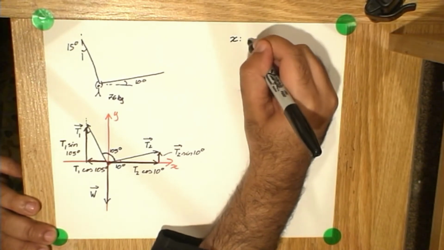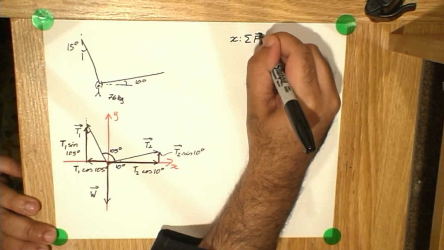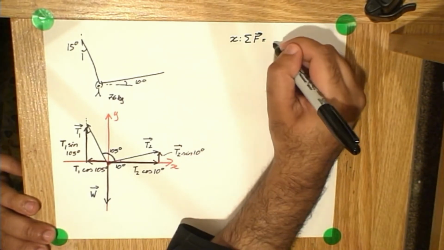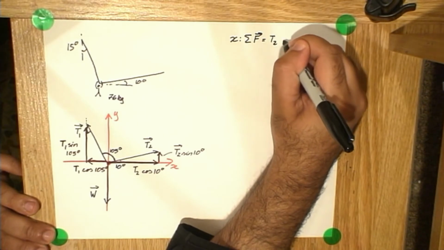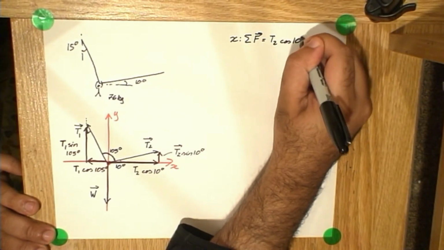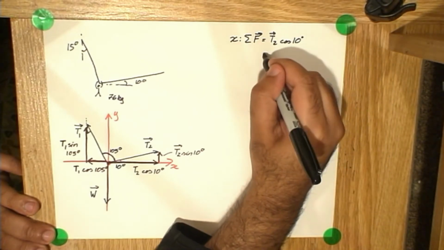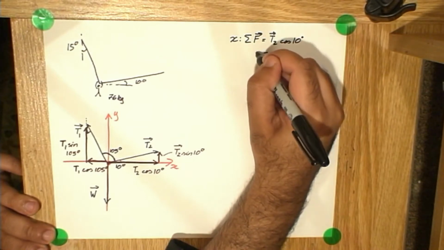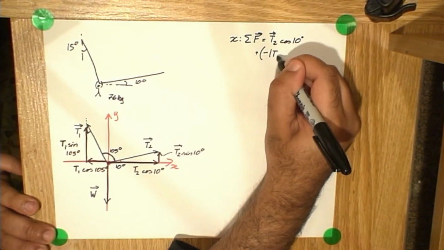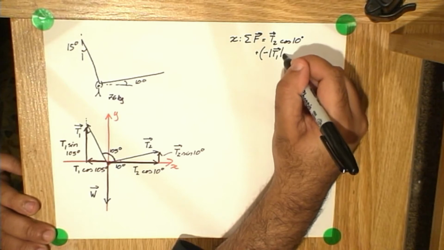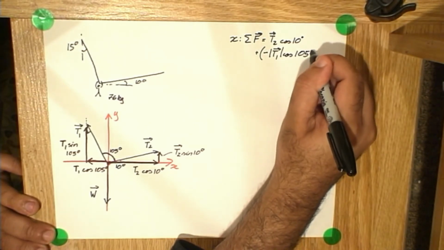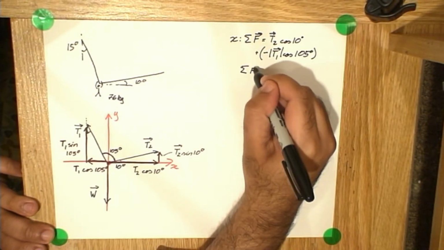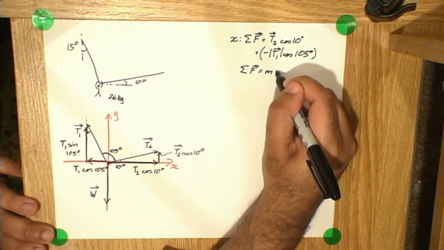In the x direction, the total force is going to be given by, the rightward force is T2 cos 10 degrees, and the leftward force is T1 cos 105 degrees, which we could write like this. And that total force is equal to mass times acceleration.